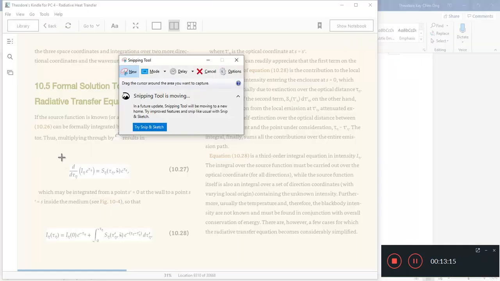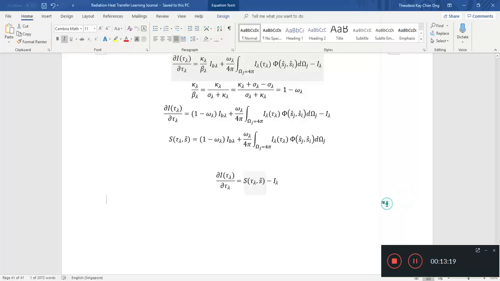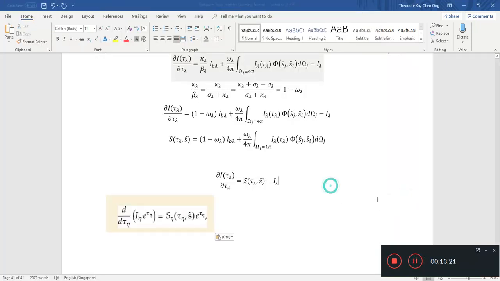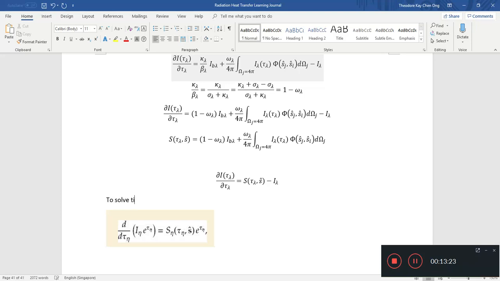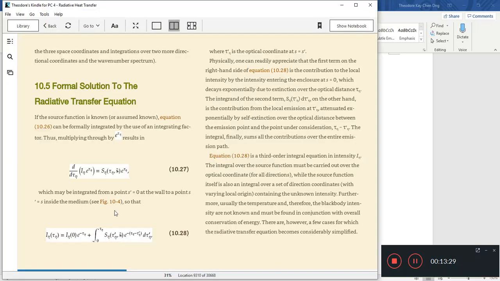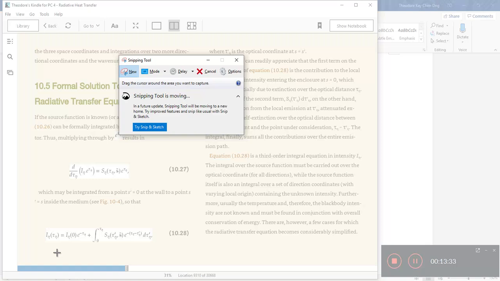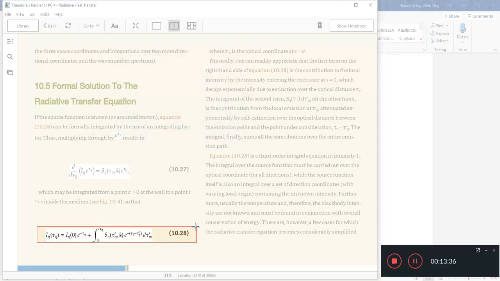You use an integrating factor to solve this. Okay, and after you integrate, you get this kind of equation.